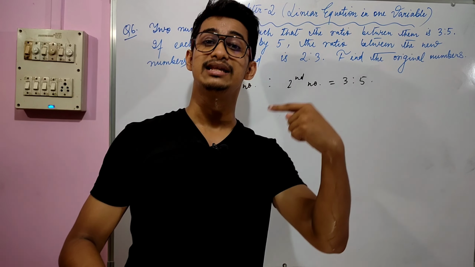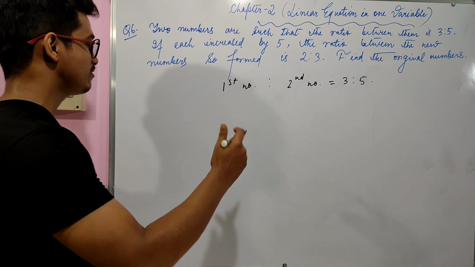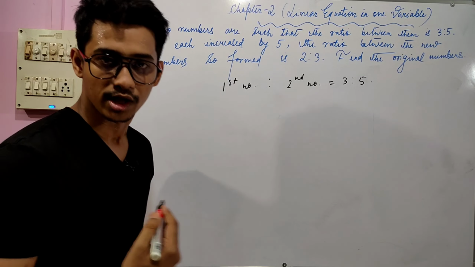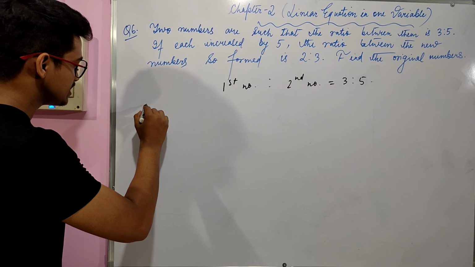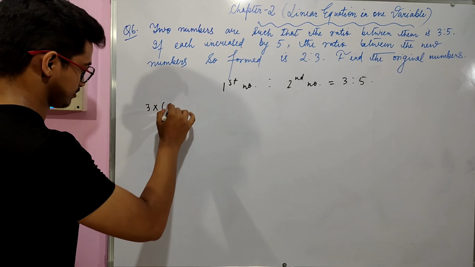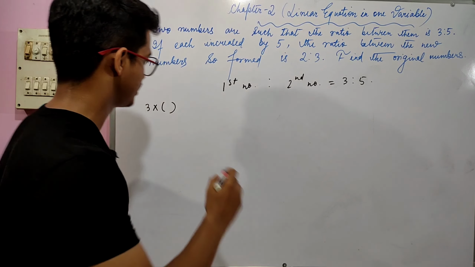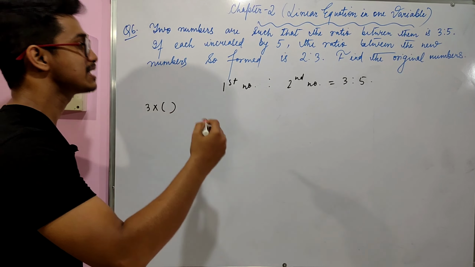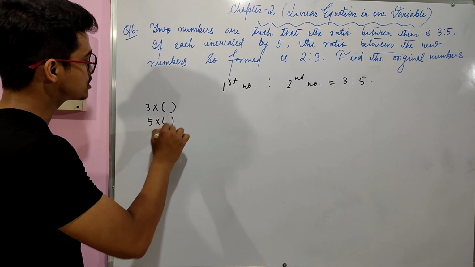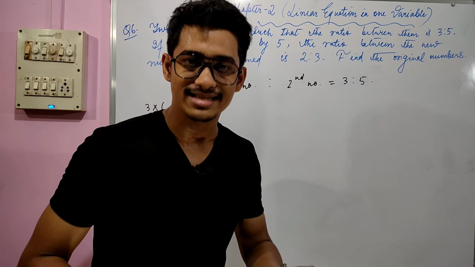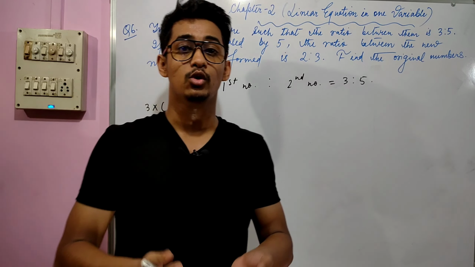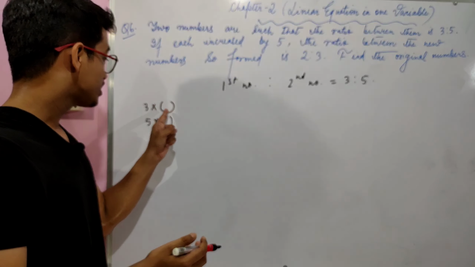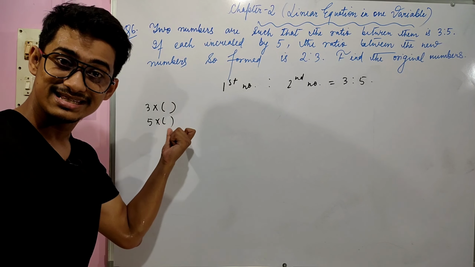When we are talking about times, it means 3 into something, and when we are talking about 5 times, that means 5 into something. That something is nothing but x, because we don't know the particular value of this something.